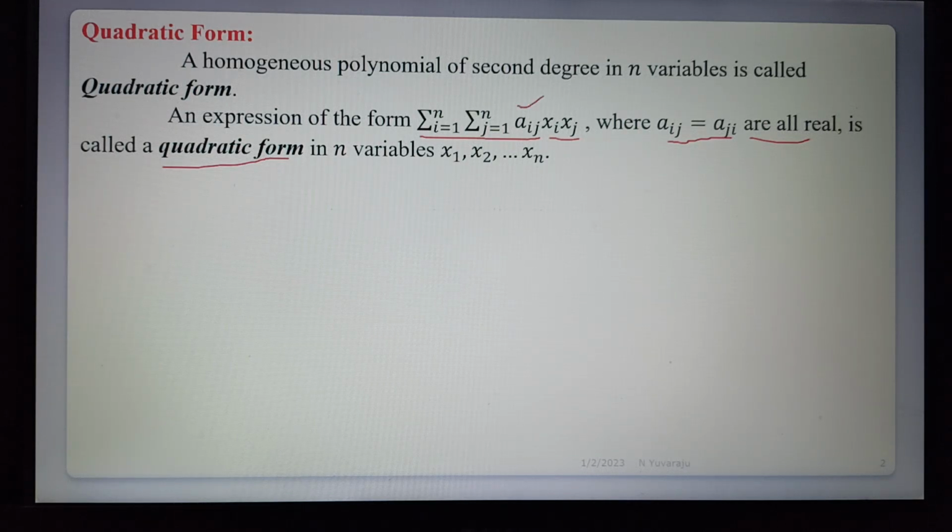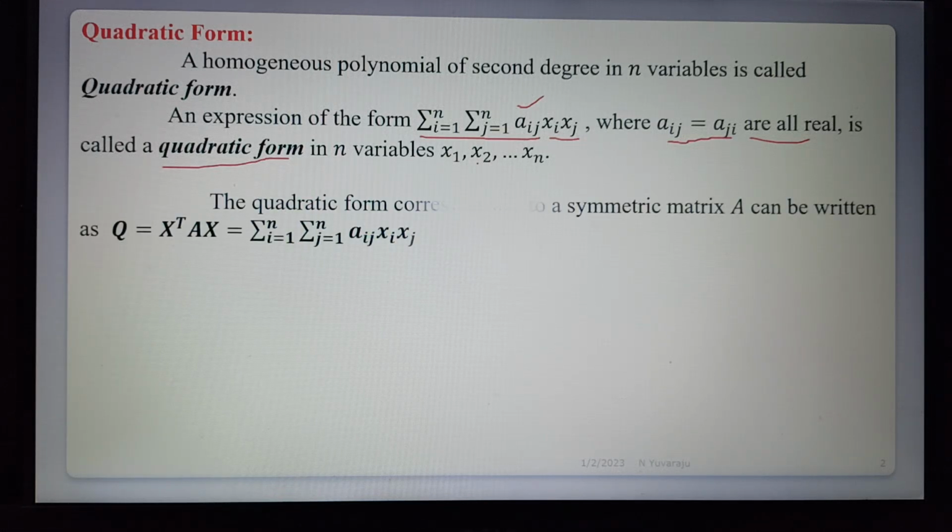This explains that there exists a polynomial of second degree in n variables x1, x2, up to xn, which is the quadratic form corresponding to a symmetric matrix A. These are coefficients, aij, and a11, a22, a33, up to ann.